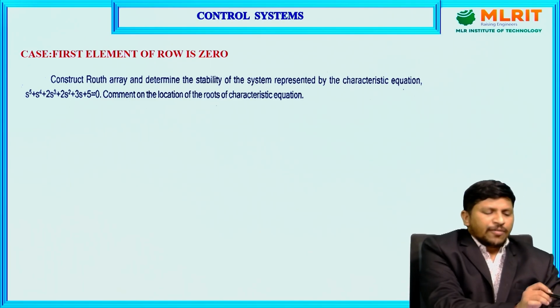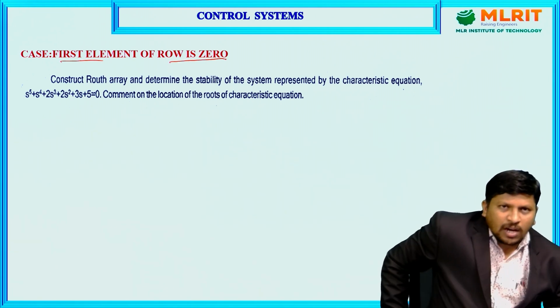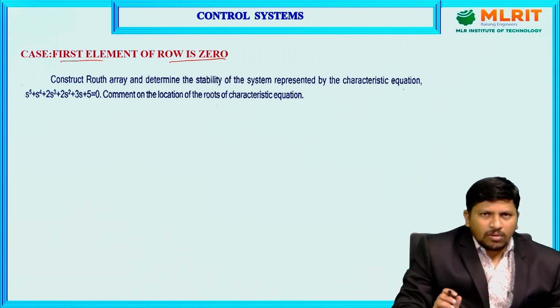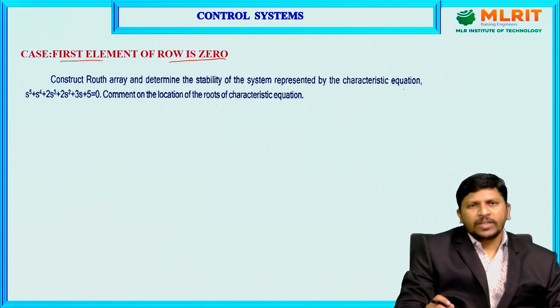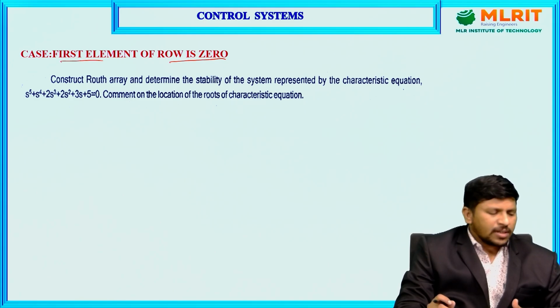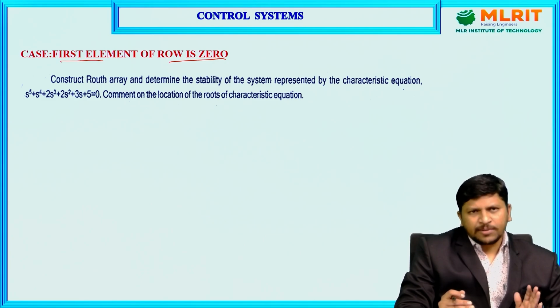The first element of a row is 0. If the first element of at least one row is 0, in that condition, we are going to use two methods. One is to substitute s equals 1 by z, and the other is to consider, in place of 0, a small positive value epsilon.